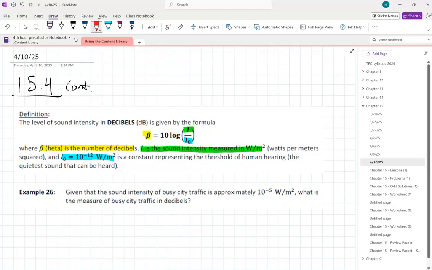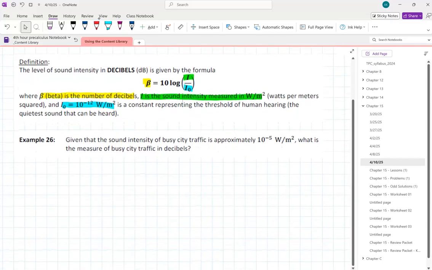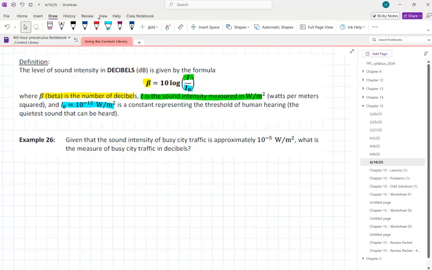So we can take this model and use it to solve story problems that are like living in the real world. It says, given that the sound intensity of busy city traffic is approximately 10.5 watts per meter squared, what is the measure of busy city traffic in decibels? Boy, that's hard to say.